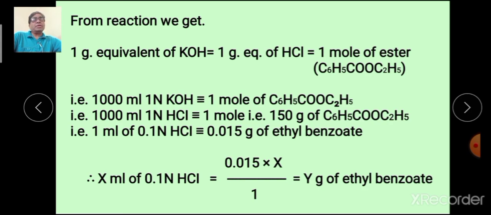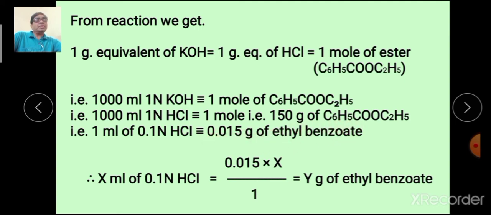What is 1 gram equivalent? That is, 1000 cc of 1 normal KOH is equivalent to 1 mole of ester. That is, 1000 cc of 1 normal HCl is equal to 1 mole of ester, meaning 150 grams of the molecule. That is, 1 cc of 0.1 normal gives the value 0.015 gram of ethyl benzoate.